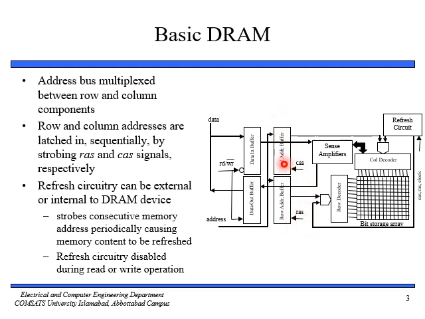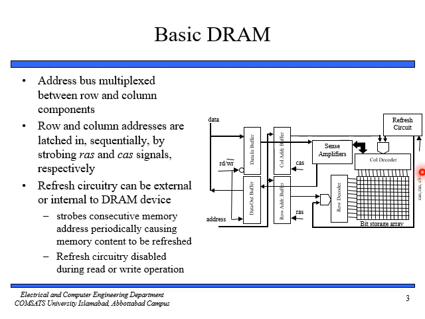Now the refresh circuitry can be internal or external to the DRAM. So here we have the refresh circuitry. This refresh circuitry requires strobe signals, that is CAS for column and RAS for row, and we require a clock signal.